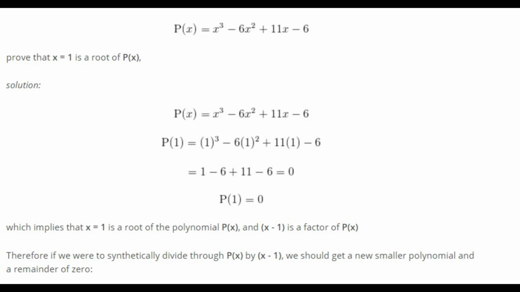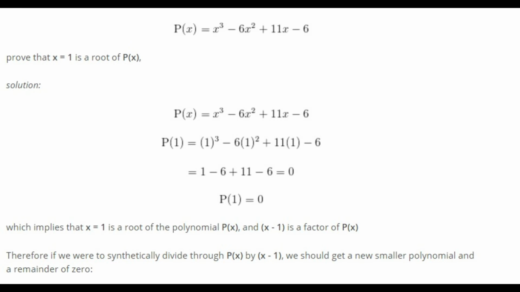So substitute 1 for all the x variables, then multiply, and then you get 1 minus 6 plus 11 minus 6 equals 0. So p of 1 is equivalent to 0, which implies that x equals 1 is a root of the polynomial p of x, and x minus 1 is a factor of p of x.